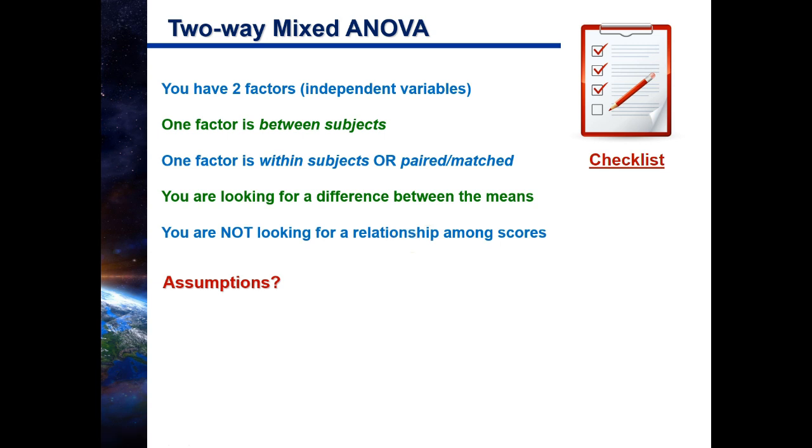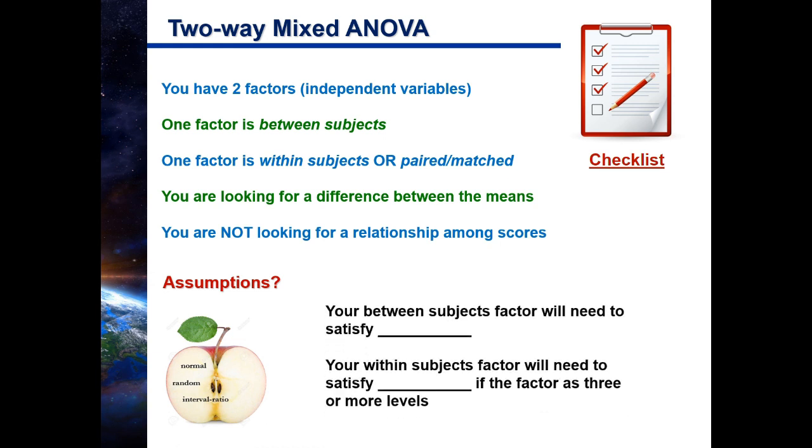What are the assumptions? Right now, you should be able to say, well, at least, start it off. The assumptions include the POOR. But with a two-way mixed ANOVA, there is a plus two more. The POOR plus two more.